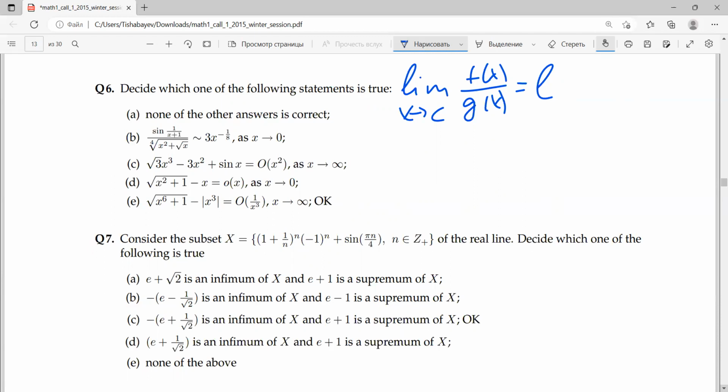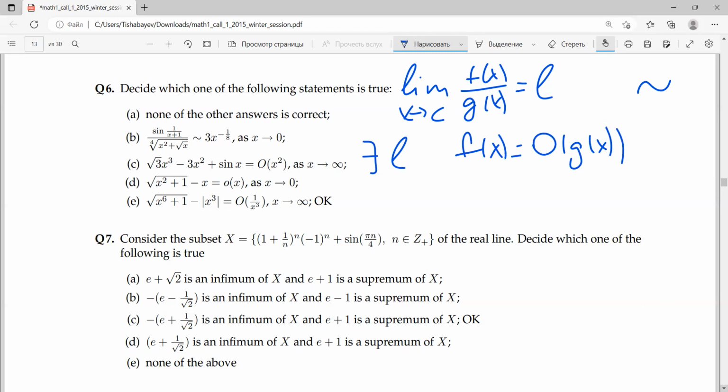So if there exists any finite limit L, we can write f of x equals big O of g of x.